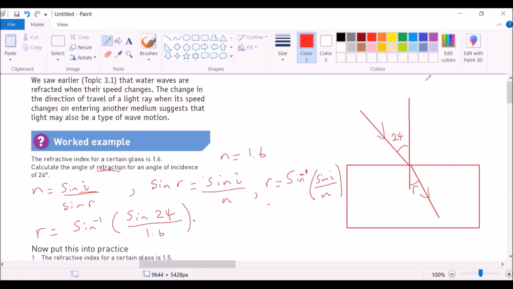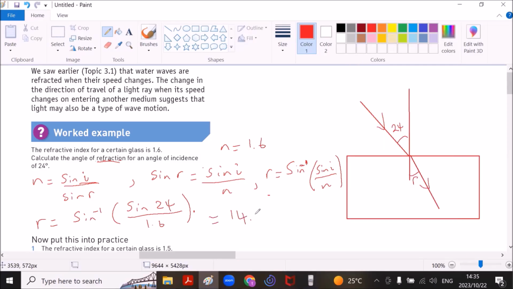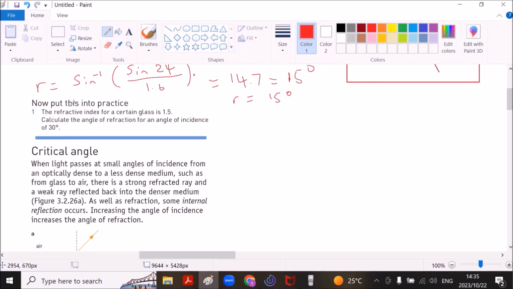Using our calculator, go to shift arc sine, then fraction, sine 24 over 1.6, and then you close the bracket, equals 14.7, which is equal to 15 degrees, since we are given our data in two significant figures. Let's look at this question.